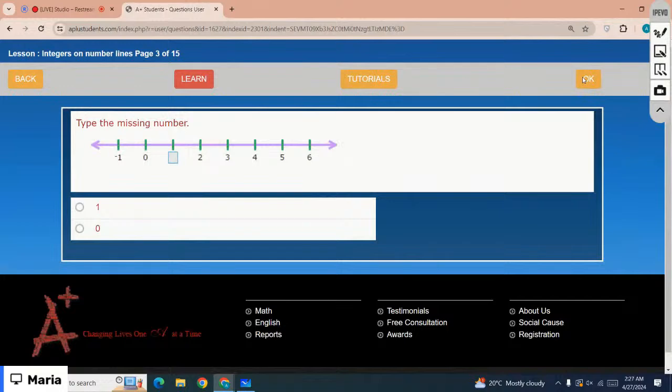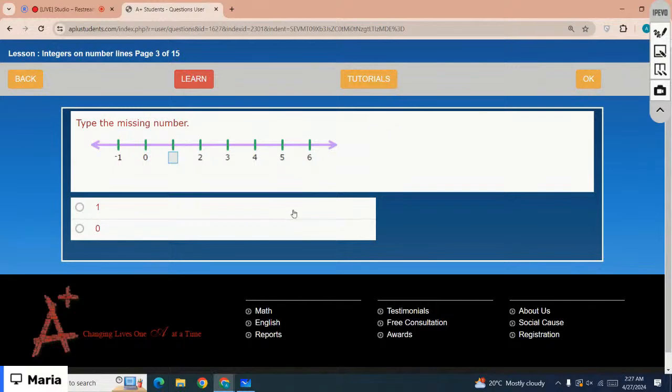Type the missing number. So, which number is missing? That is 1.